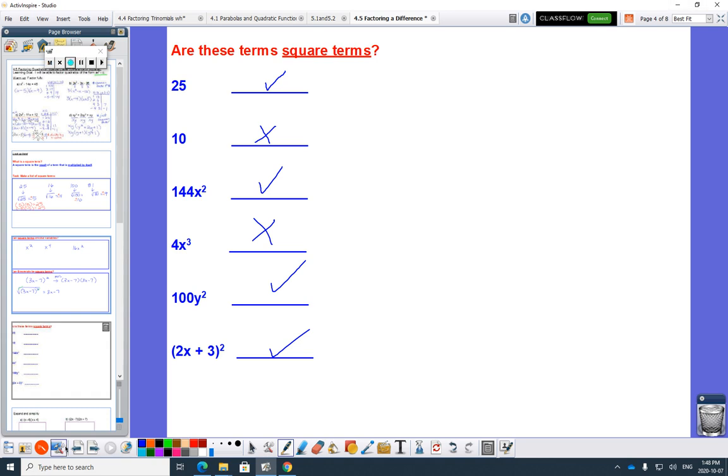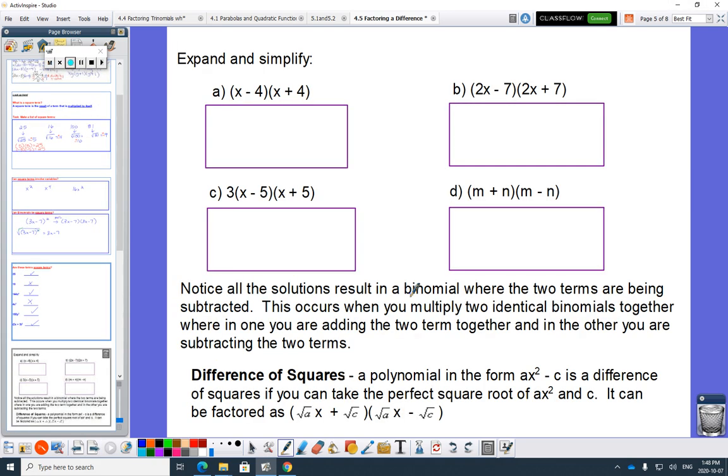So sometimes it's easier to see if you do the FOIL first. So in all of these questions, it almost looks perfectly identical, except for the signs. It doesn't matter.